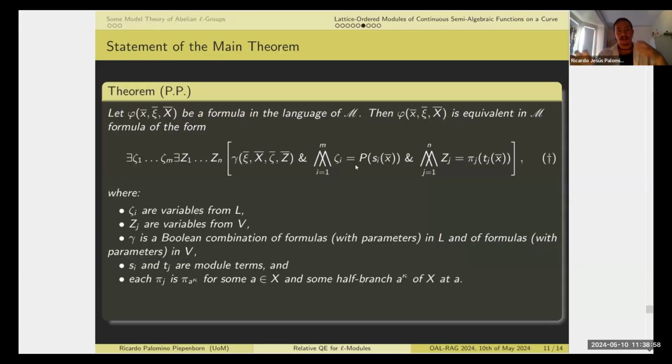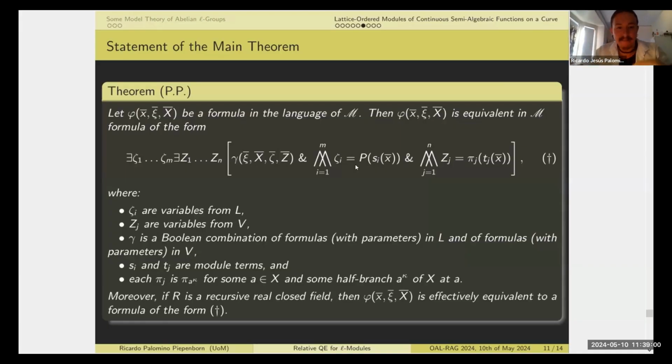Moreover, this statement can be done effectively whenever we are working over a recursive real closed field. In this situation, you can check that the language of M is countable and everything is recursive. And the proof strategy also gives you an effective way of making this elimination of module quantifiers.